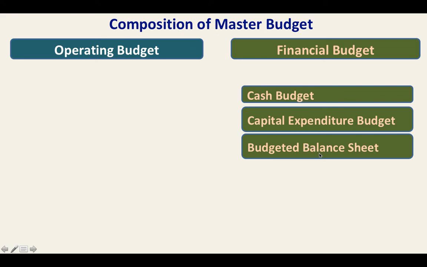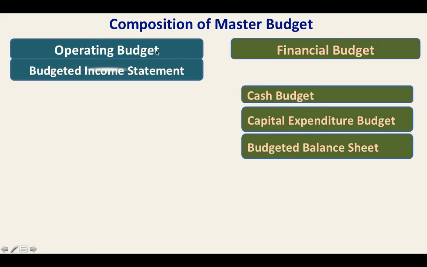Class, in this course, we are not going to discuss the financial budget. What we will be discussing is the operating budget, and we are going to prepare the components of the budgeted income statement.